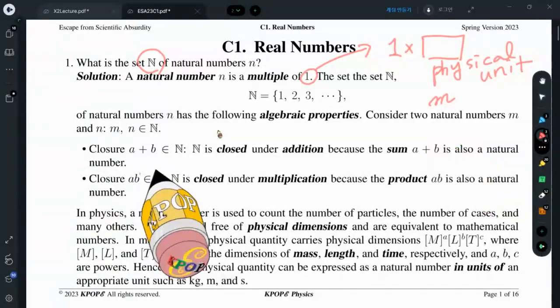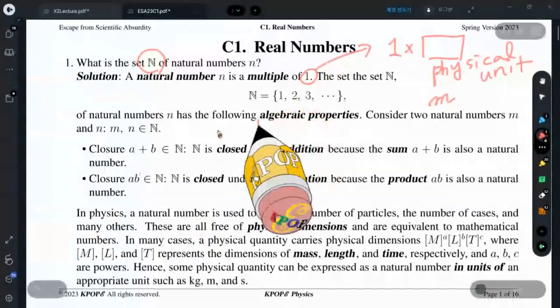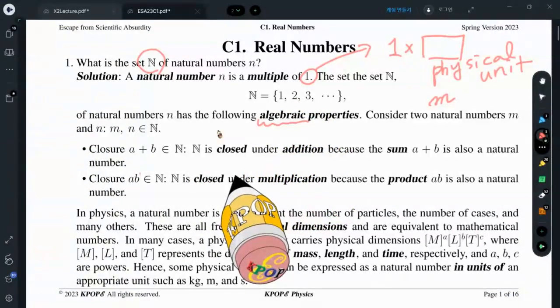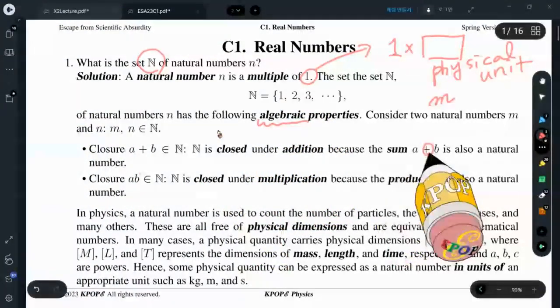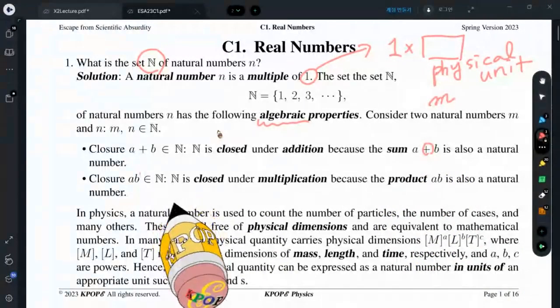Something like that. Anyway, if you have some numbers and you want to make the simplest operations, you construct the algebraic property of a set of numbers. Algebra consists of addition, subtraction, multiplication, and its inverse, division.